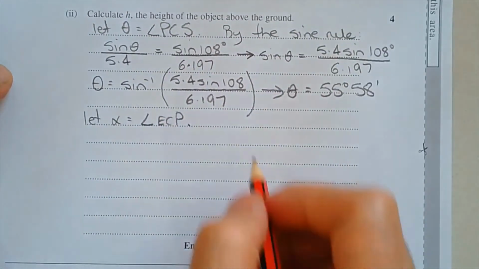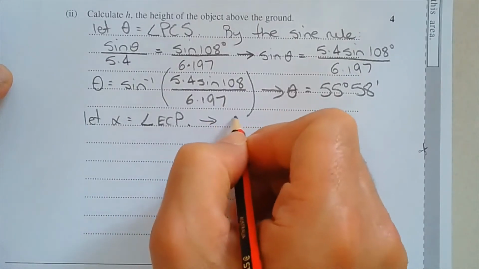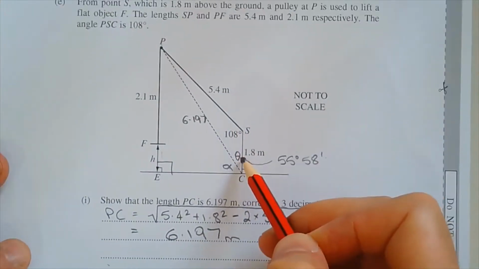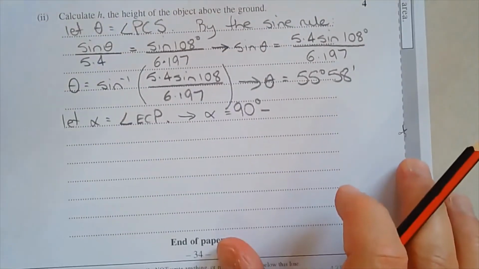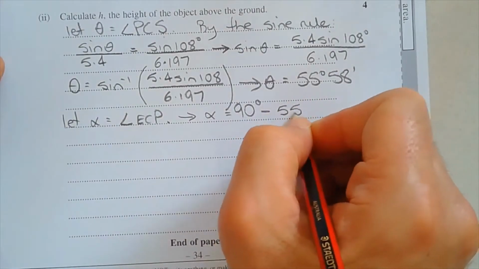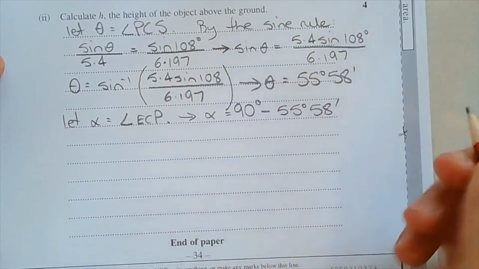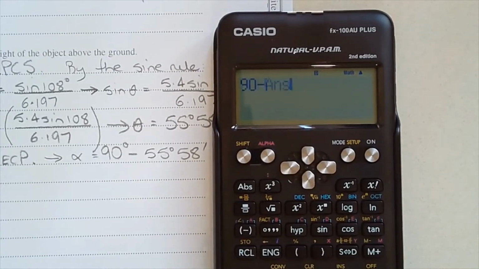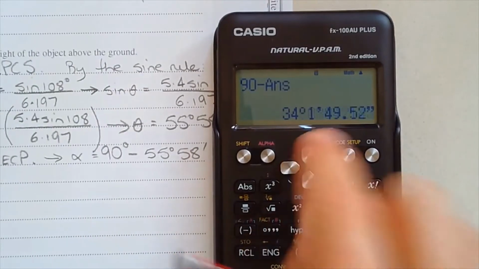Moving on, theta is equal to 90 degrees minus the previous theta. So 90 minus my previous answer, and that's going to be 34 degrees and 2 minutes.